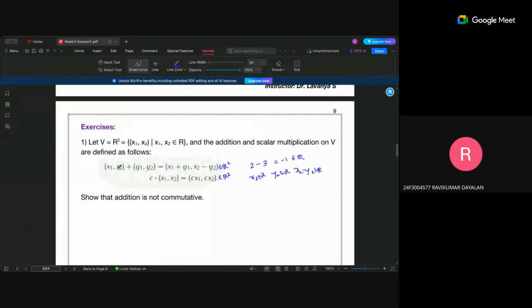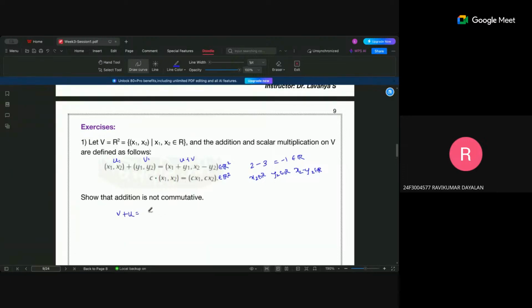So now you are given, so this is your first vector and this is the second vector. Let us call this maybe u and this is v. So now u plus v is given to you. This is your u plus v. Now let us try to find what is v plus u.